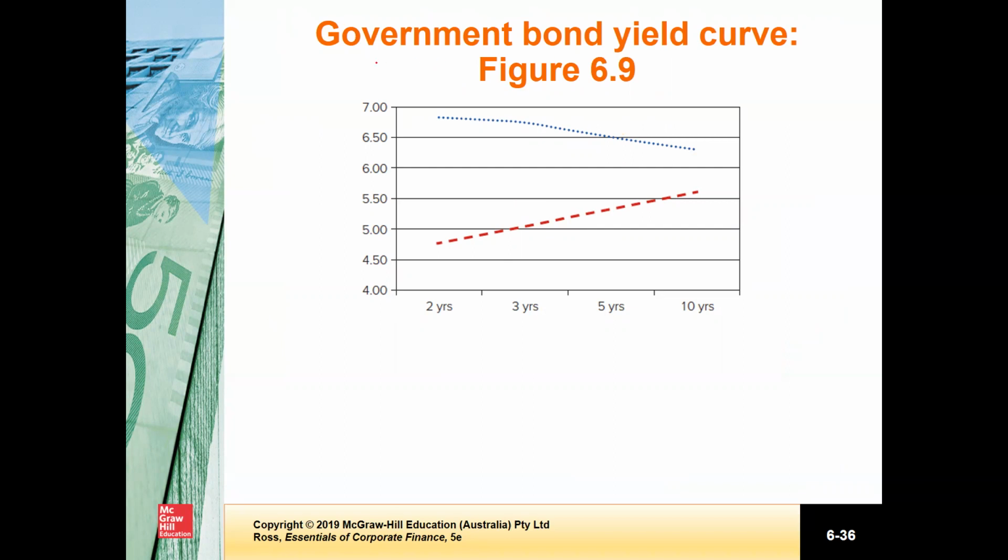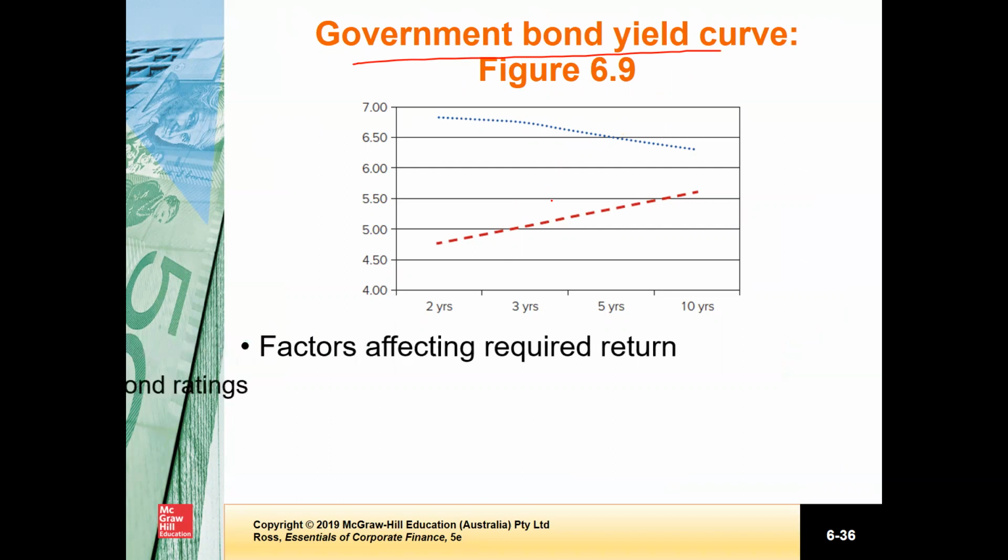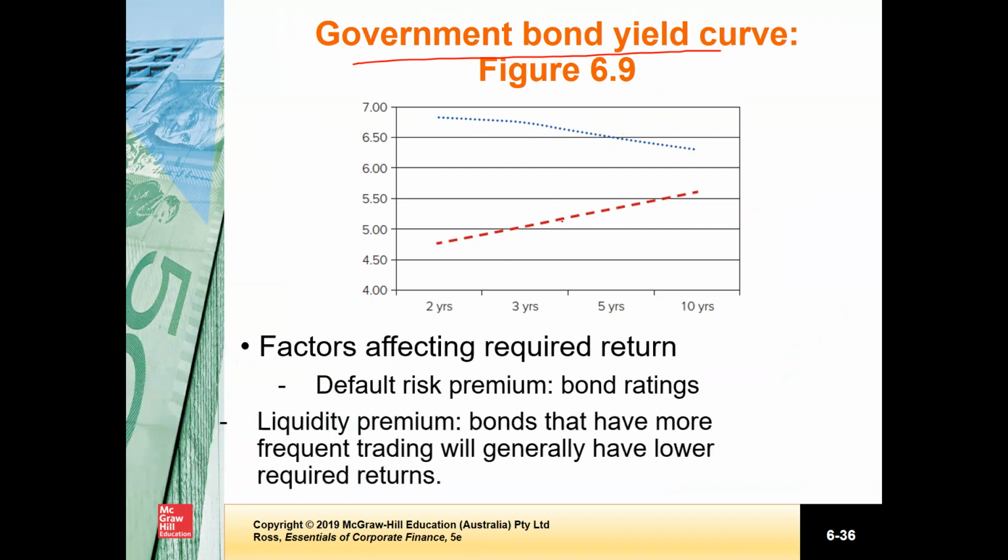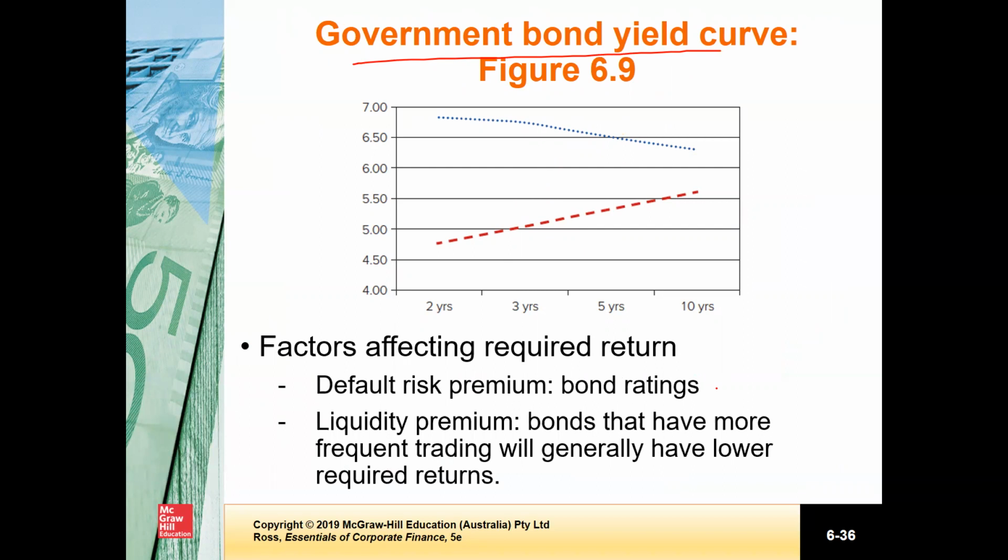So this is a government bond yield curve, and you can also see how different factors affect this yield curve. The yield curve is the graphical representation of the term structure of interest rates.